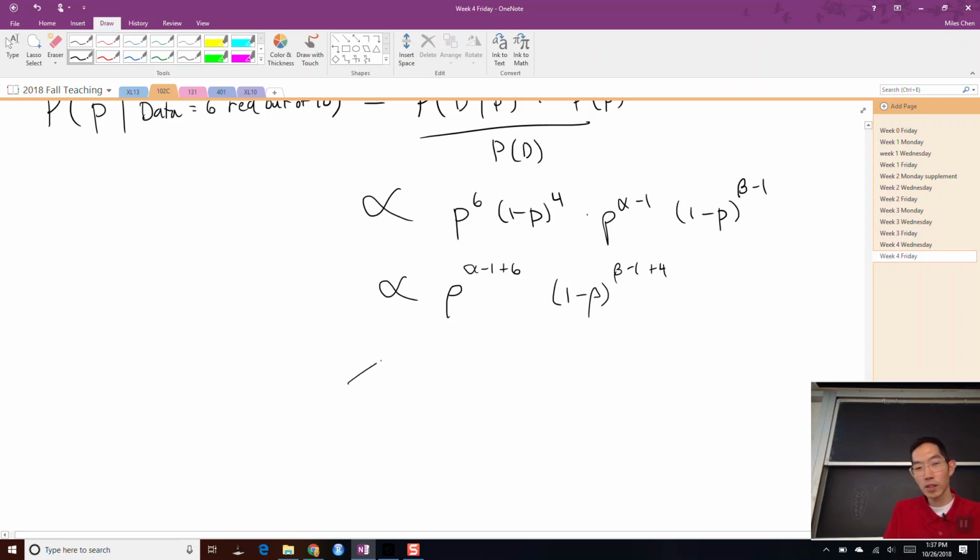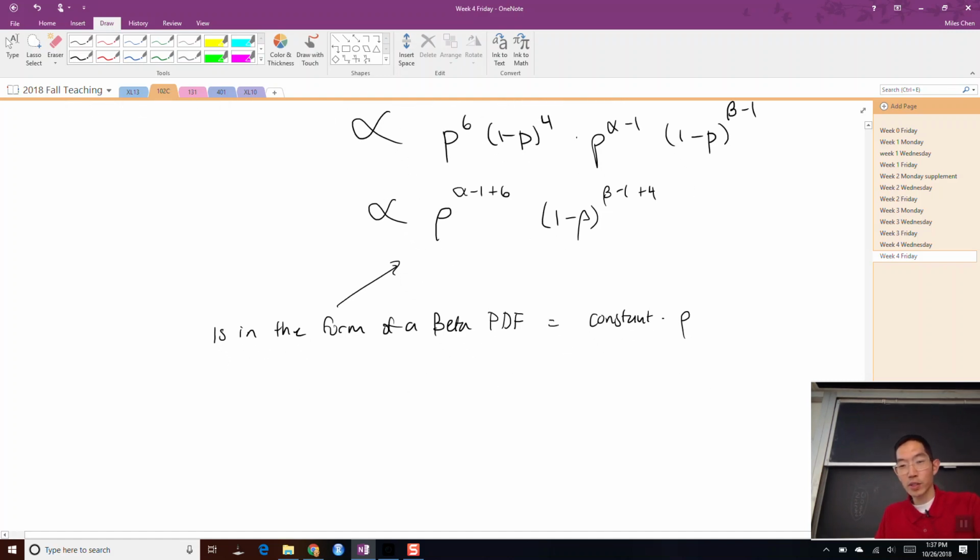It is in the form of a beta PDF, which is a constant times P raised to the shape 1 minus 1, and 1 minus P to the shape 2 minus 1.